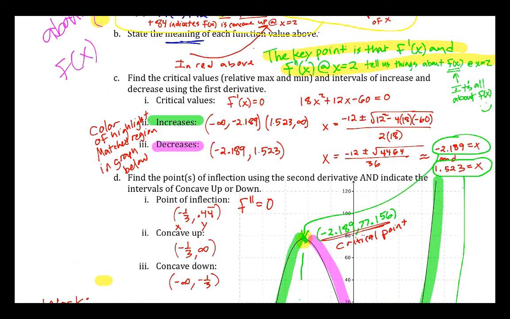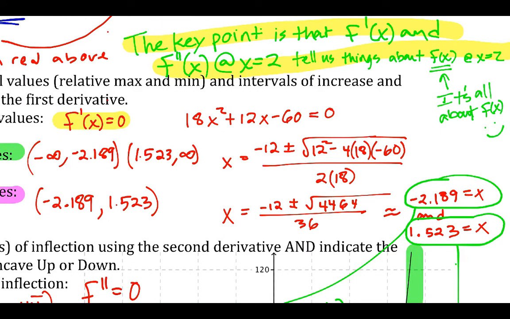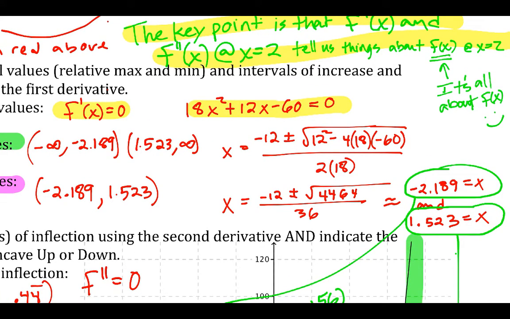What you do to get it is you set f prime of x equal to 0. In this particular case, that means this quadratic equal to 0 because that's our f prime of x. The thing that always works is the quadratic formula: negative b plus or minus the square root of b squared minus 4ac, all over 2a.